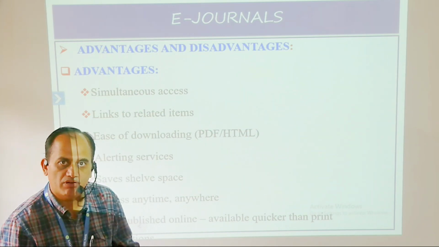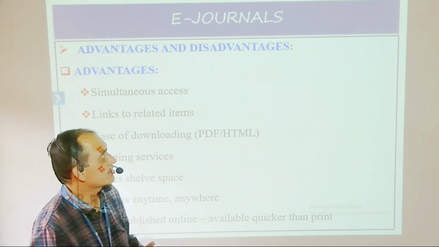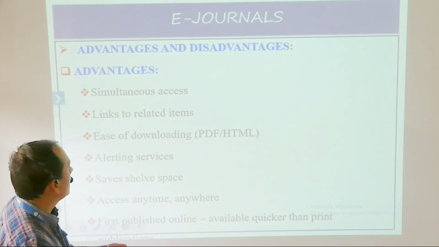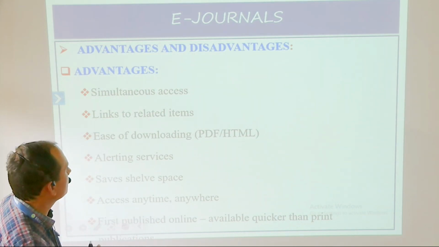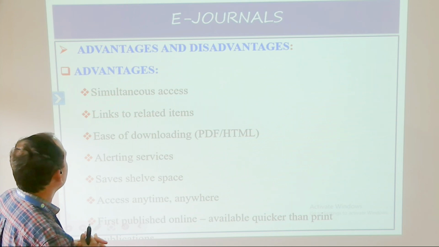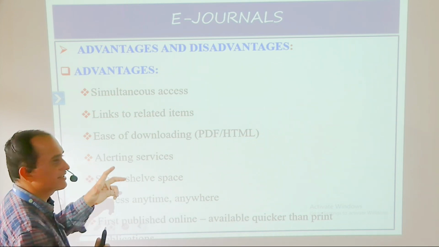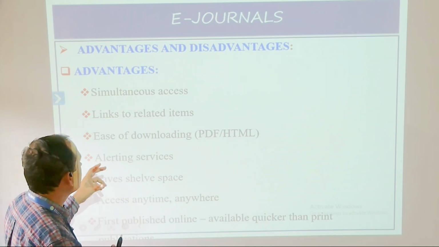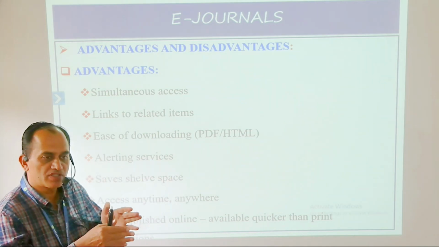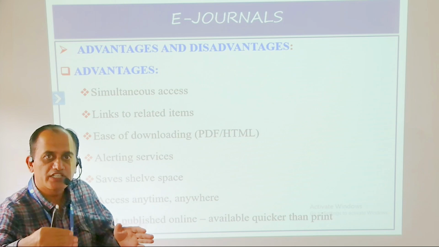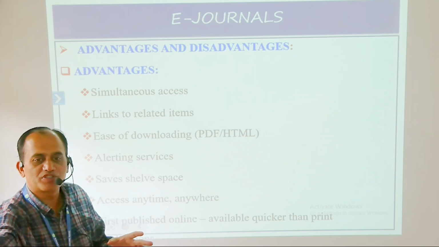There are a few advantages and disadvantages of e-journals. In advantages, you can find some very interesting ones, such as simultaneous access, then links to related items. So if you are searching for something, you will have links to similar research articles.